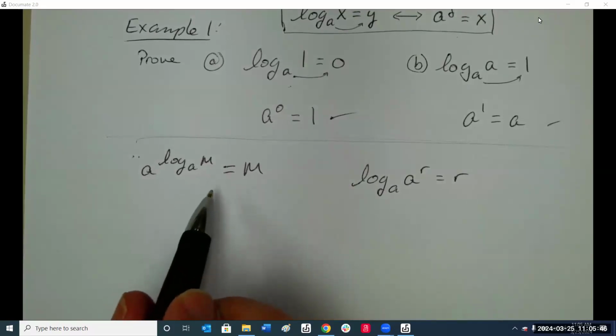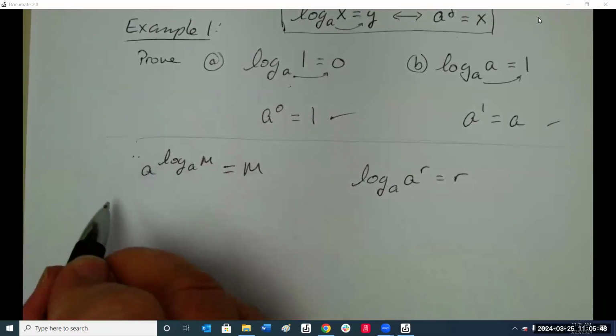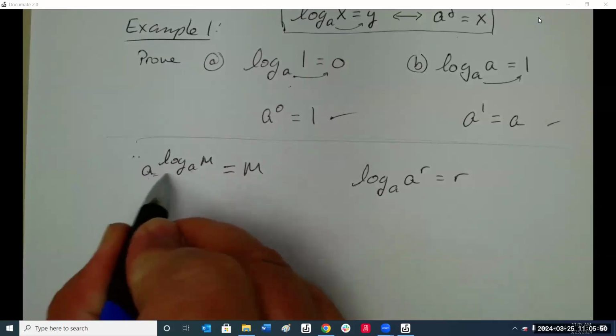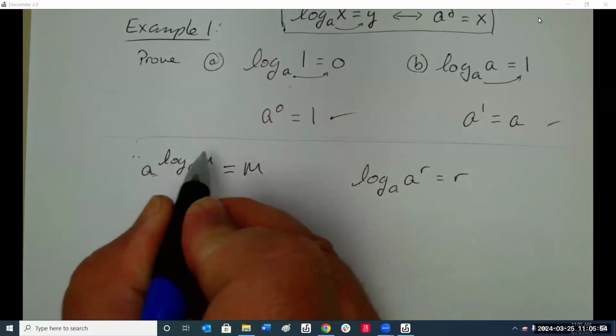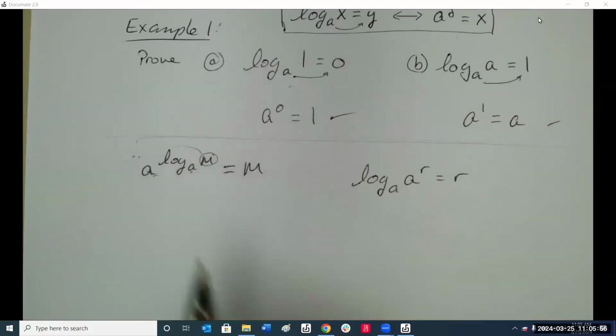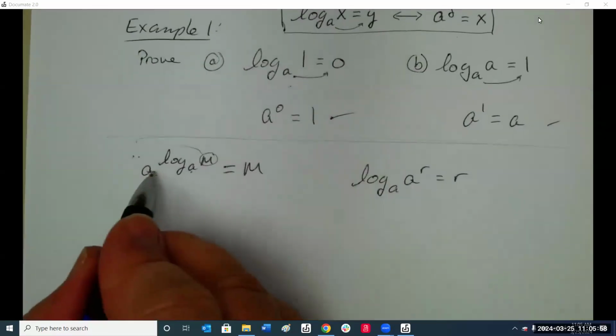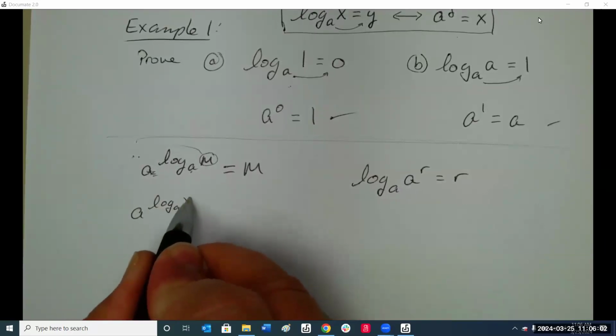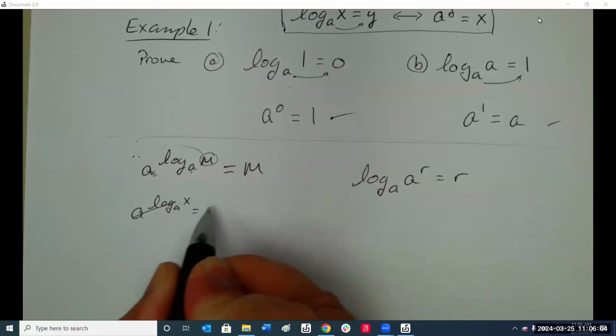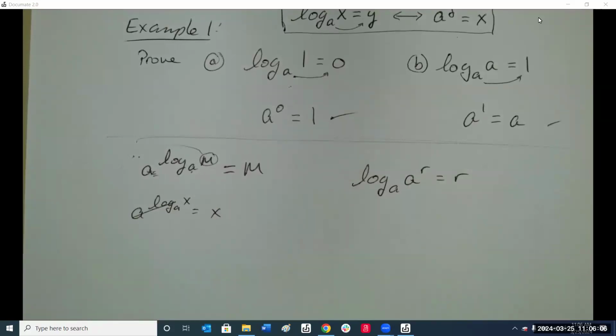With this property, since the bases are the same, the exponent, the answer, goes out in front. It goes m. Because with a and log a of x, these cancel, we just get x.